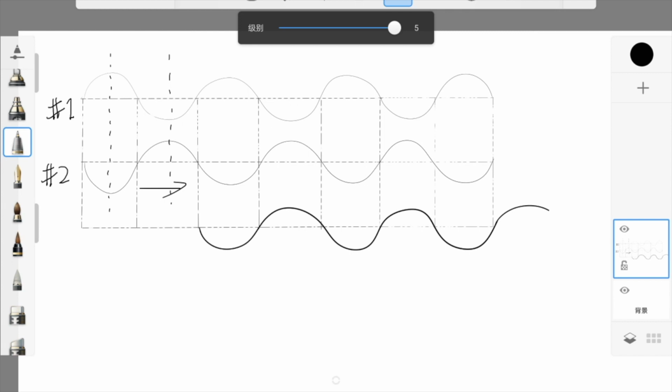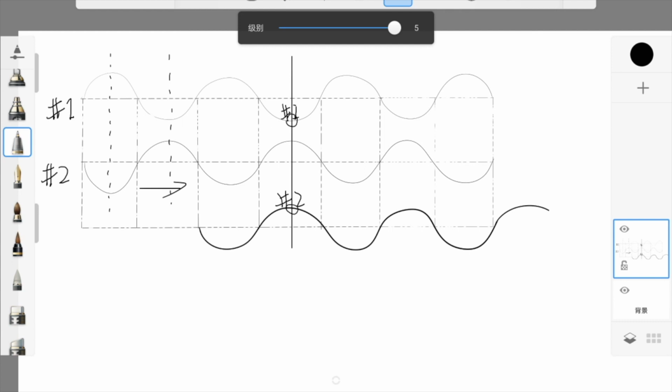This is the new number 2, and with number 1, the valley and peak overlap with each other, and we get destructive interference.